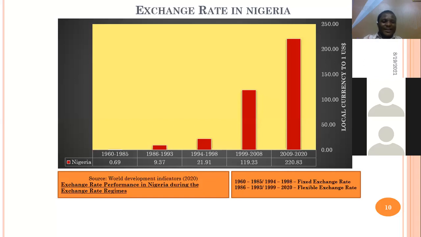Between 1986 and 1993, it became 9.37 naira to a dollar. Between 1994 and 1998, when it was fixed, it became 21.91 naira on average. Note, it is on average. Between 1999 and 2008, 119 naira. And between 2009 and 2020, 220 naira.